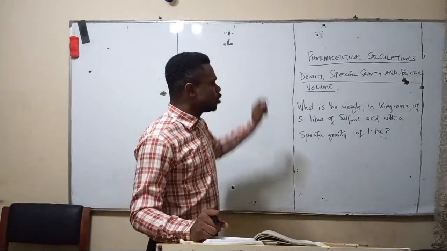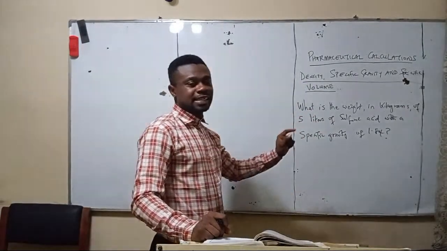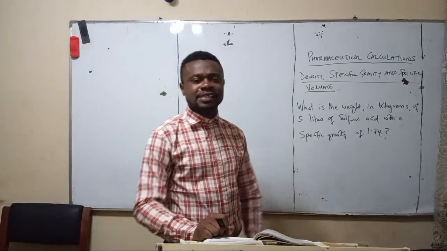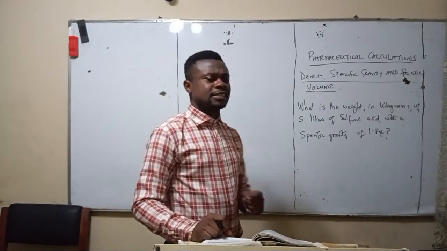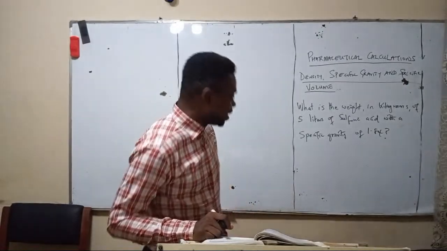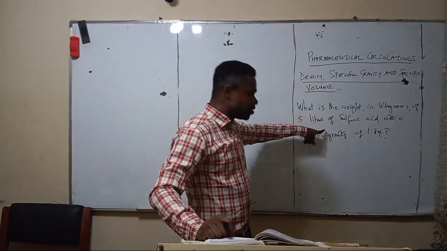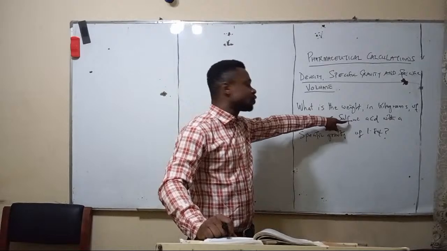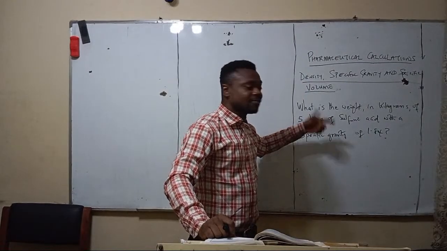So, if we want to define specific gravity with respect to sulfuric acid, which is a liquid, we can define the specific gravity of sulfuric acid as the ratio of the weight of sulfuric acid to the weight of water that has the same volume as the sulfuric acid in question, here 5 liters.